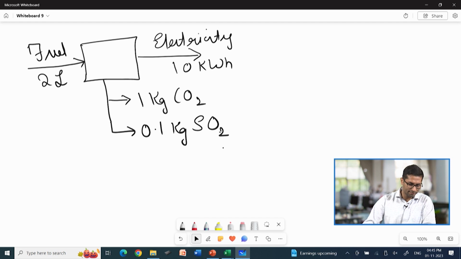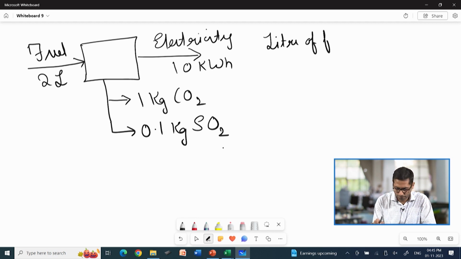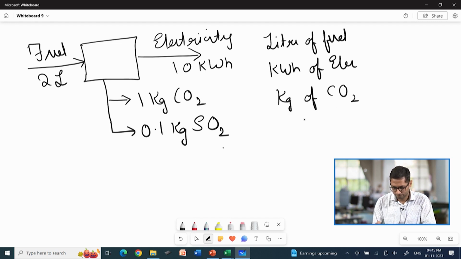So, if I am talking about linear space, I would have to define a vector in which I can define all these inputs and outputs. Let me define a vector such that it takes into account the liters of fuel, then kilowatt hour of electricity, kgs of CO2 and kgs of SO2, which are the two major outputs.